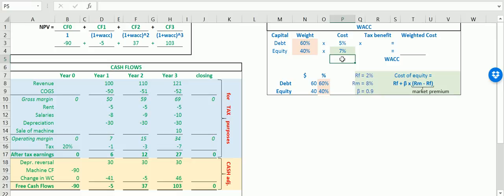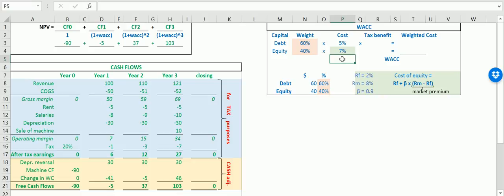I forgot the name of that. The market rate is the rate of all the assets that are present in the market. A proxy that is often used for that is the Standard & Poor's 500. And the market rate minus the risk-free rate is what's called the market premium.